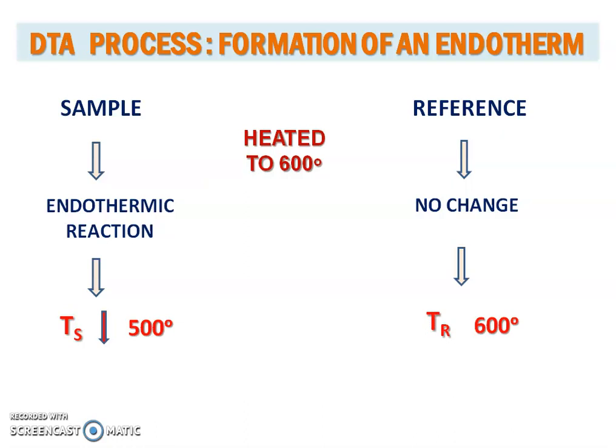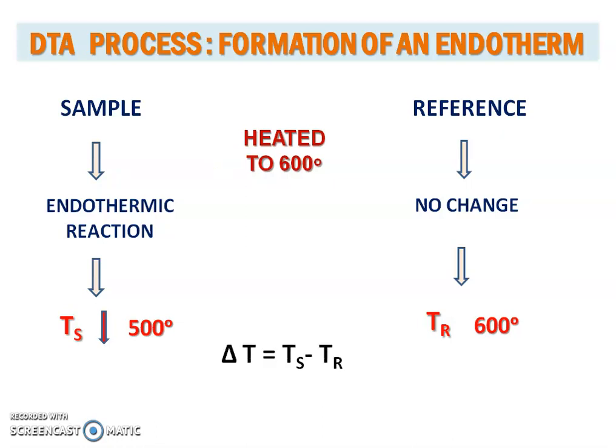So let's get all our temperatures straight. The furnace temperature is 600 degrees. The reference temperature is also 600 degrees, whereas the sample temperature, due to an endothermic process, is less than 600 degrees and is somewhere around 500 degrees.